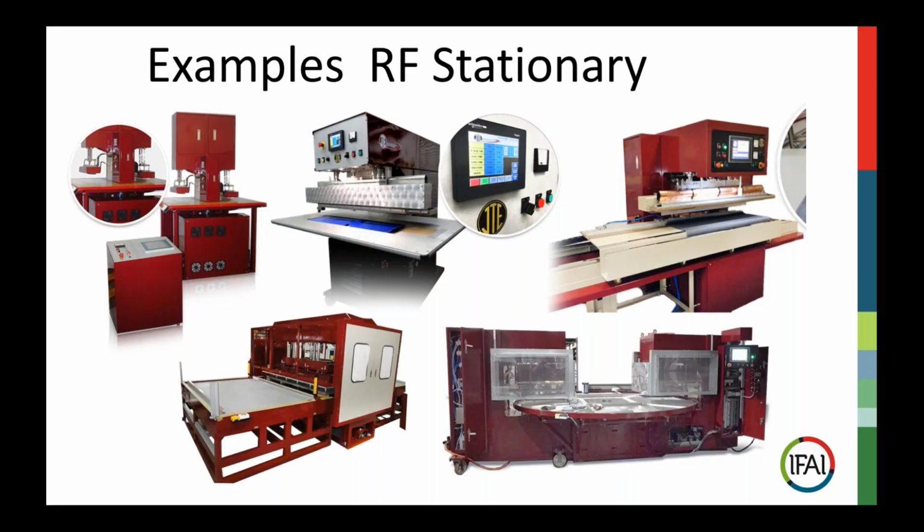So below you see much larger format RF welders. The one on the left is a double-sided shuttle, high-powered, and it's actually welding G-suits in one hit. So that's about a 15-second cycle time for one whole product.